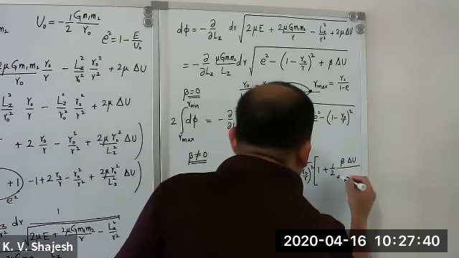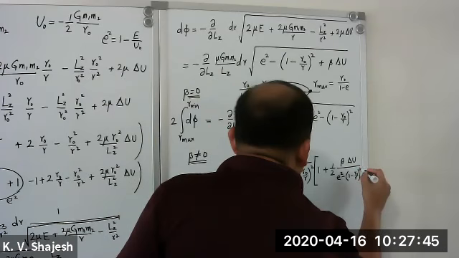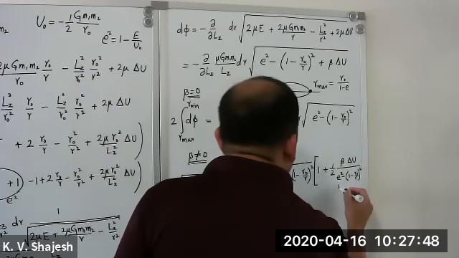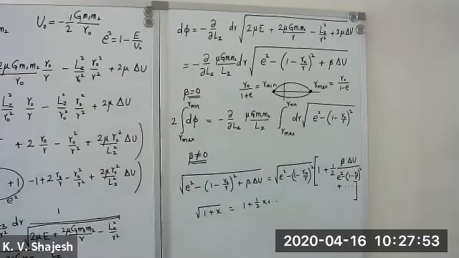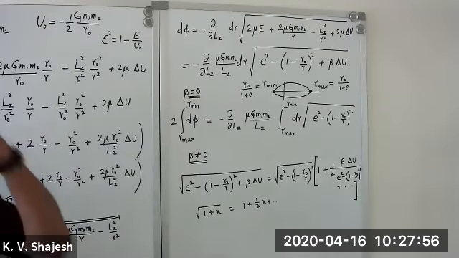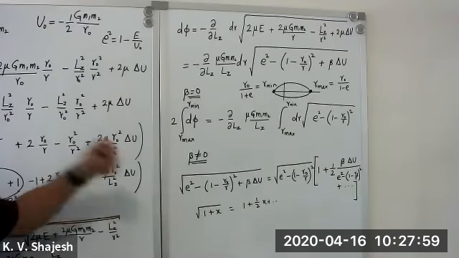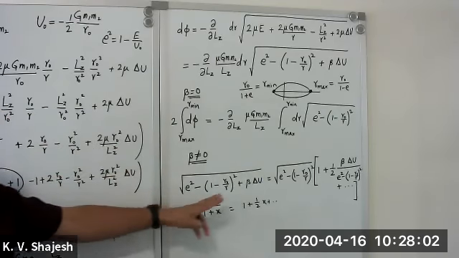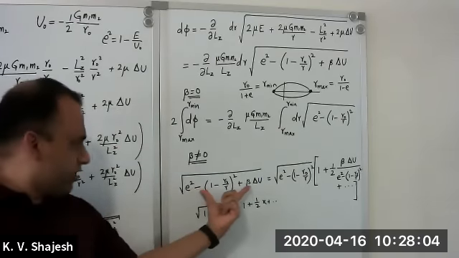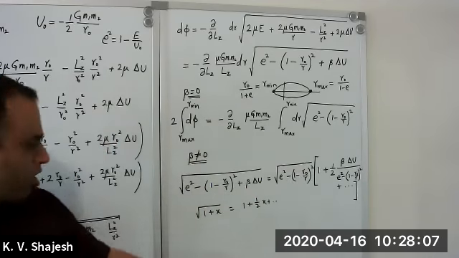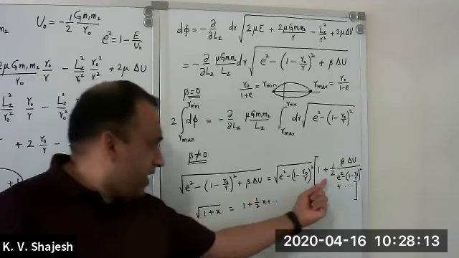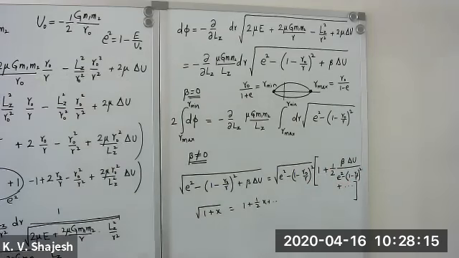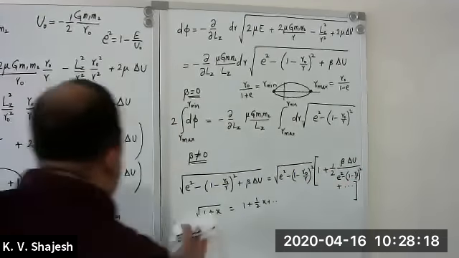So I'm going to squeeze that in here, e square minus 1 minus r naught over r whole square. That's the first term, and there are higher order terms which we are not going to keep. Is that clear? So that's the main part, other than the calculation. This is the main idea here, that we are going to take the square root and keep only the leading order. And the first term here is the old Kepler problem itself, and the second term is what is going to contribute.